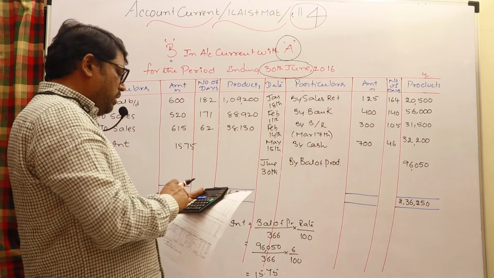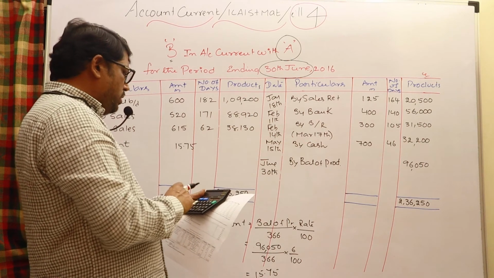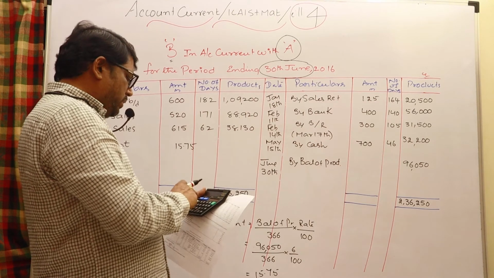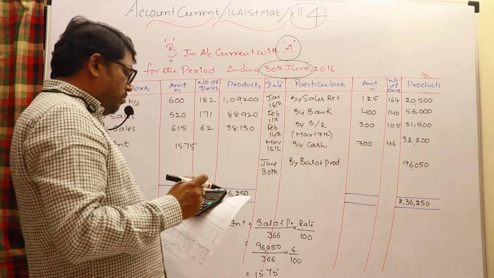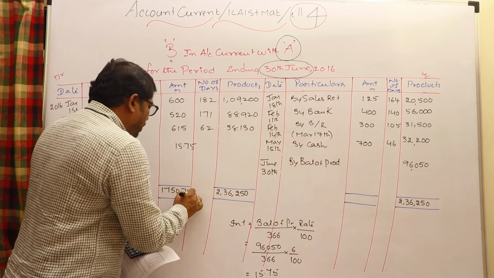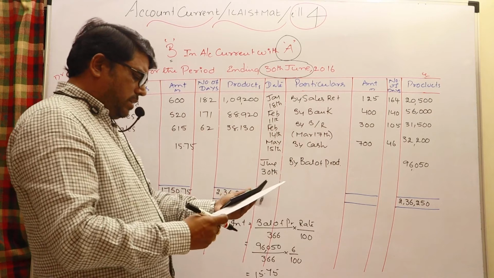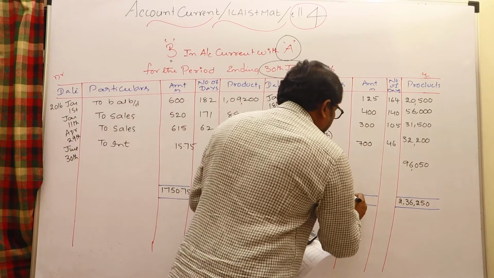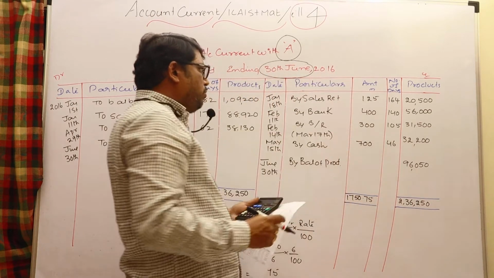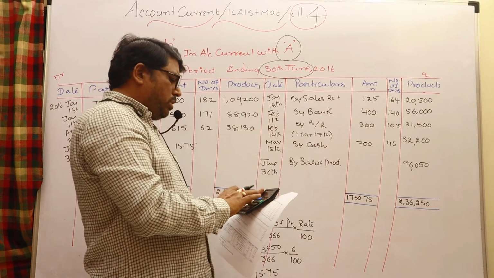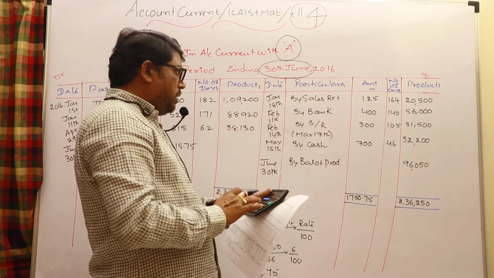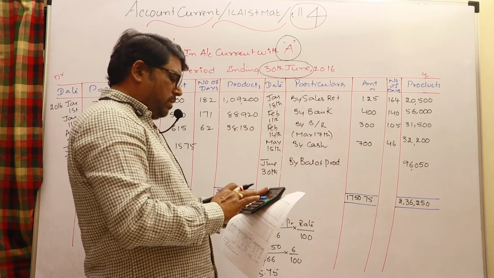Go to the debit total: 600 plus 520 plus 615 plus 15.75, 1750.75, and write the same amount on the other side also, 1750.75. You can minus all these four items to get the balance: minus 125, minus 400, minus 300, minus 700.